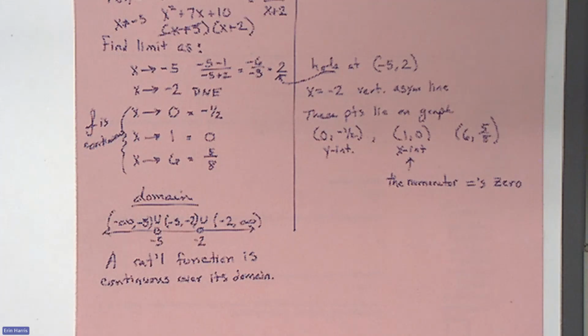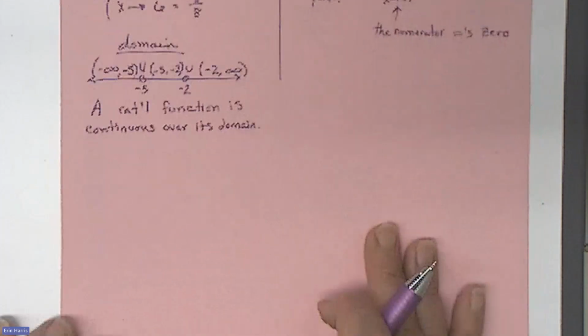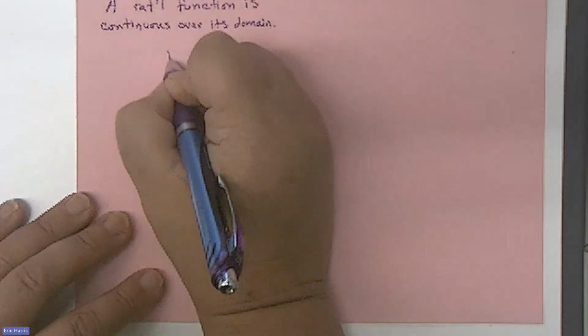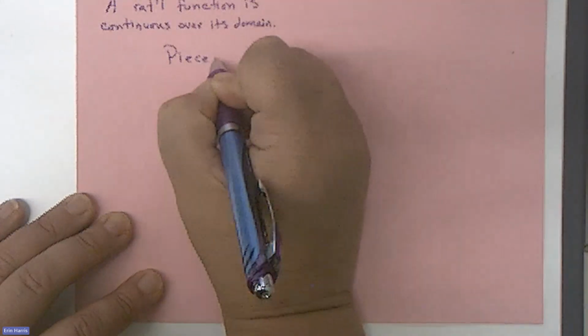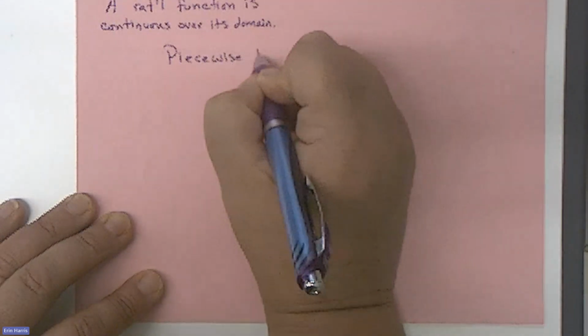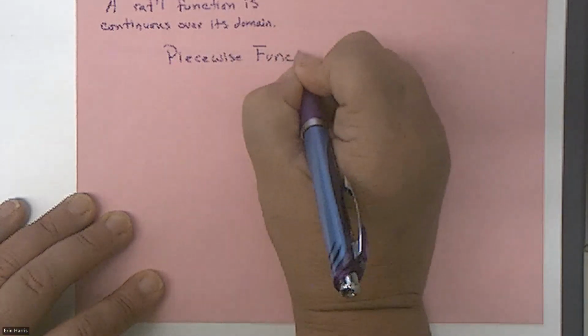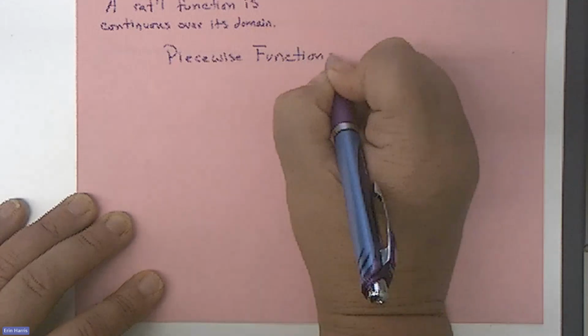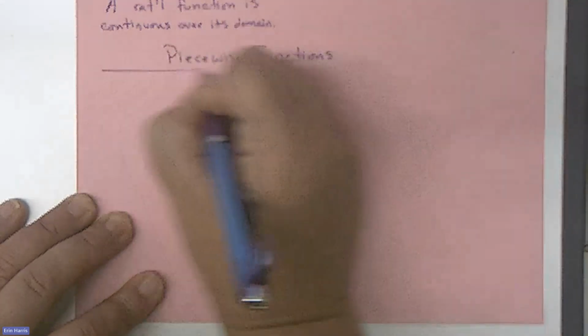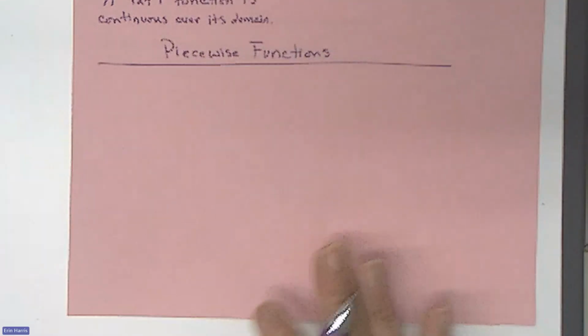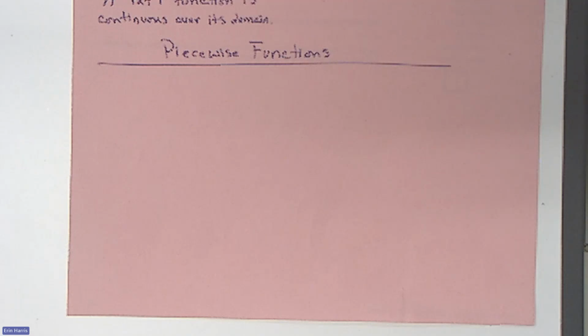So let's look at another type of function called piecewise. And I think you did a little bit of this in high school, probably. And I hate that they do this in high school because I think you cannot really understand a piecewise graph without understanding limits.